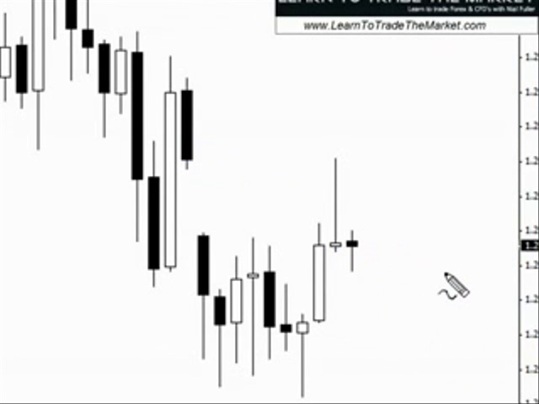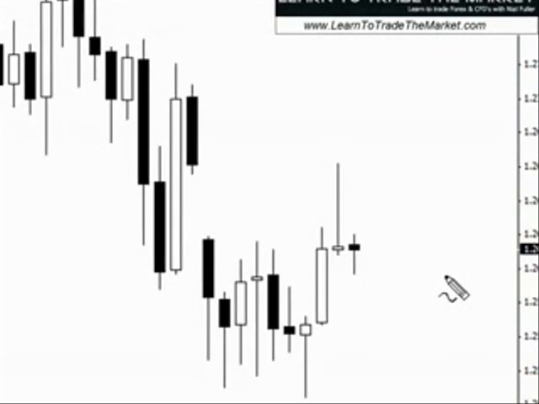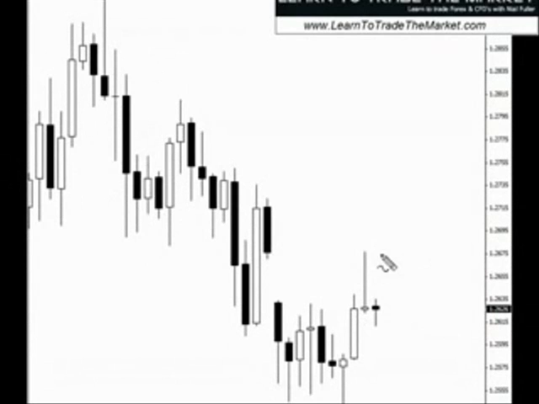Now, to be fair to the guys that have actually bought the course, I won't show you the in-depth way that we trade these pin bars, but I will say that the stop at least has to be above the high, and we'll be looking for a risk reward of at least 2 to 1, preferably 4 to 1. In the recent sample of data, this pin bar here resulted in quite a massive drop.